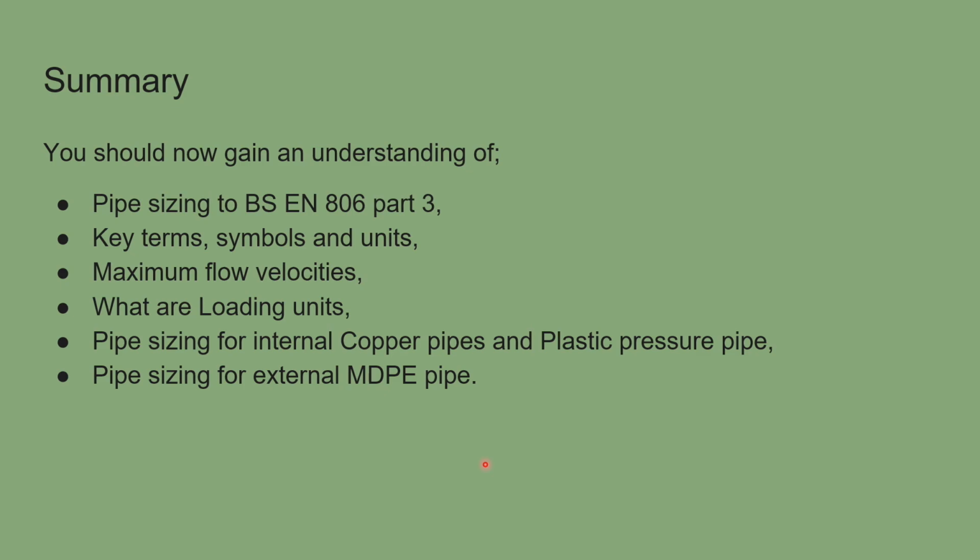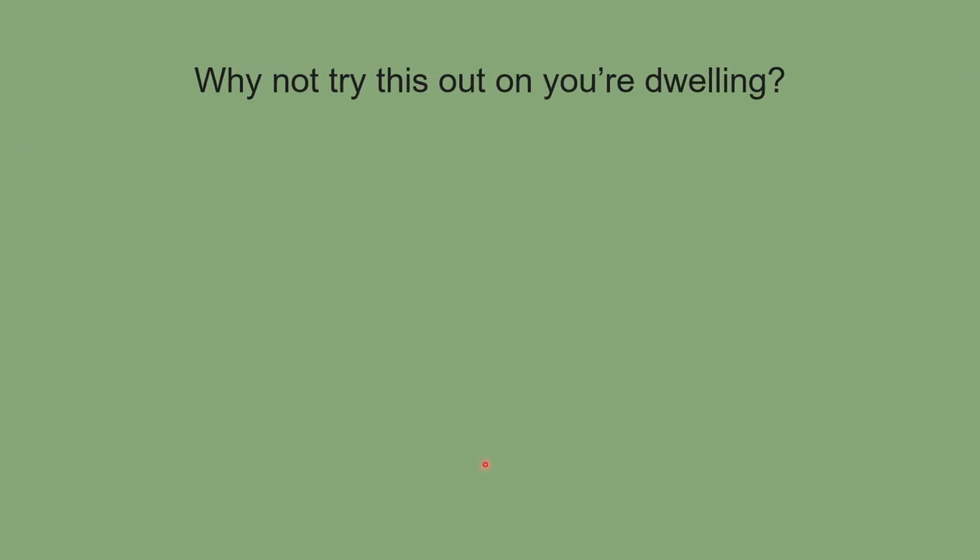And you could also size the MDPE. So what I'm going to say is, why not try it out on your own property? Go back to the video, to the table 3.2, and see what the system says your pipework should be in your property. Find the mains. How does it tee round? Just do a rough drawing and work it out and see how you get on.